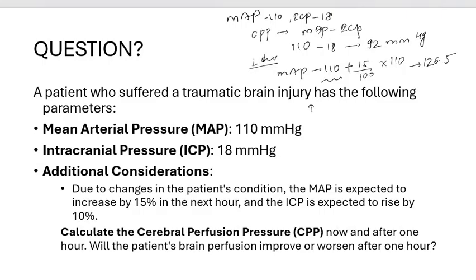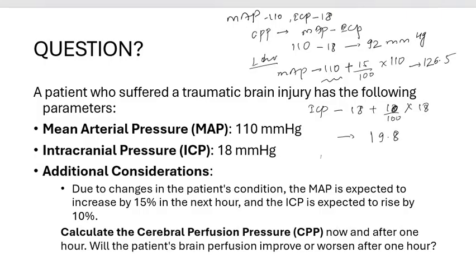Similarly, ICP is supposed to increase by 10%. So you have 18 plus 10 by 100 times 18, which gives us 19.8.